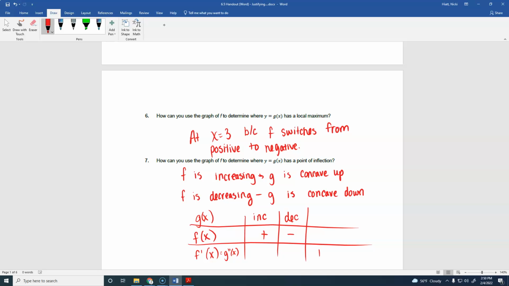Then you move that down. So if this is positive, then your F would be increasing. And if this is negative, you'd have decreasing here. And if you got a positive second derivative, that tells you your concave up and then concave down.